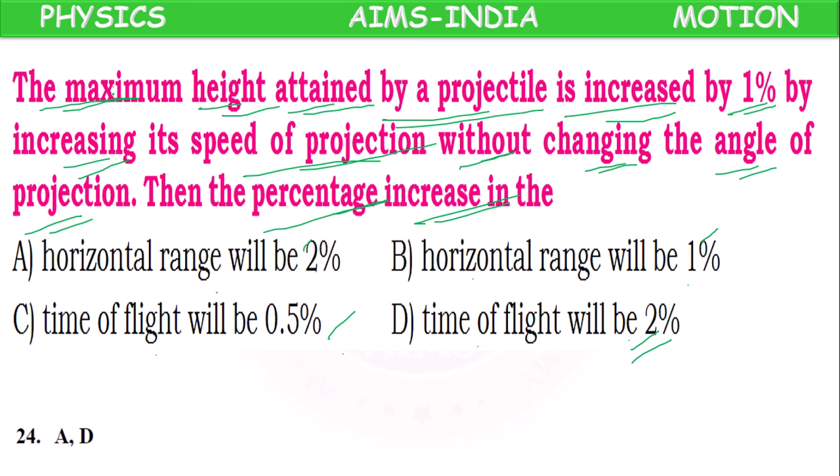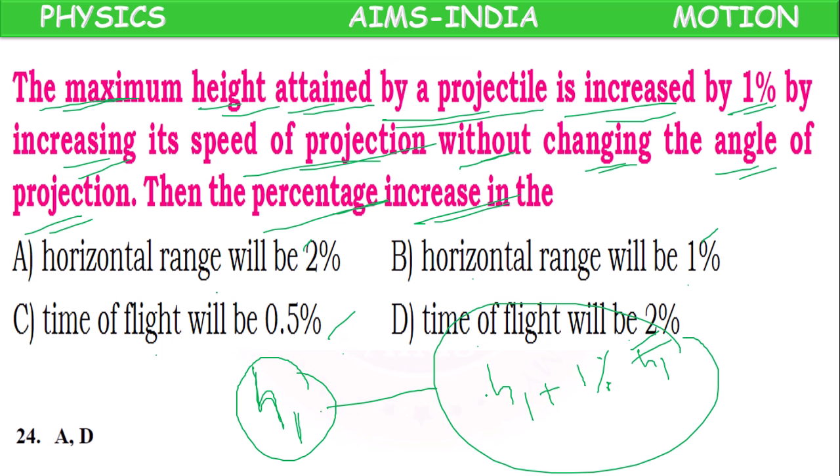In the first case, if the height attained by the projectile in the beginning is h1, and it is increased by 1%, meaning h1 plus 1% of h1, then it becomes h2.